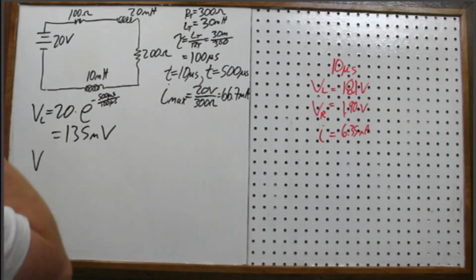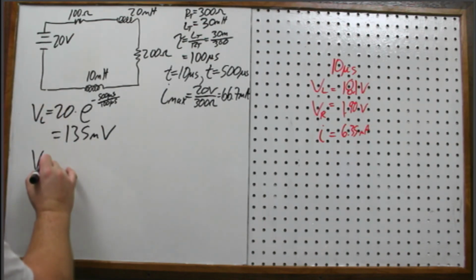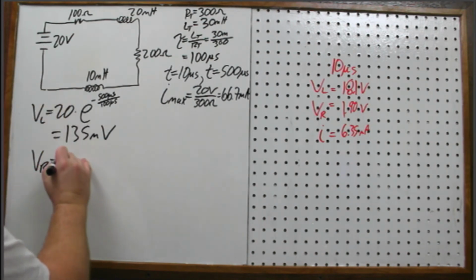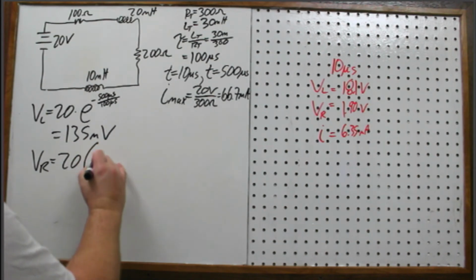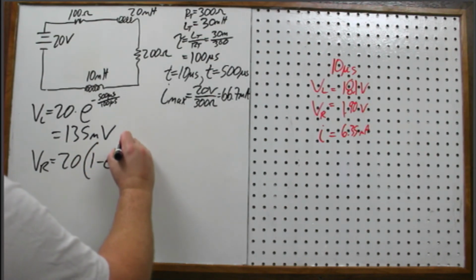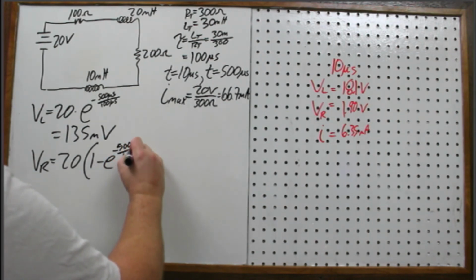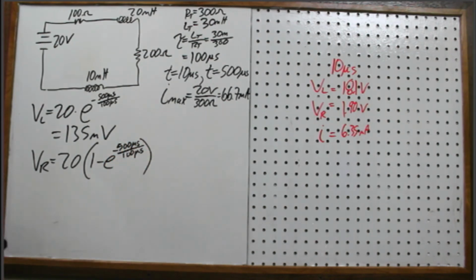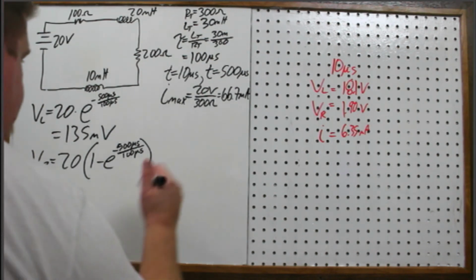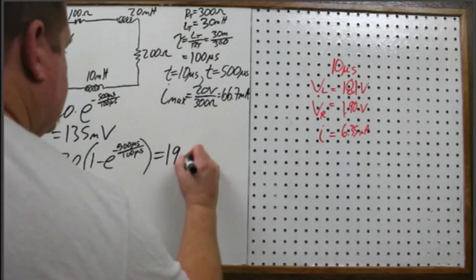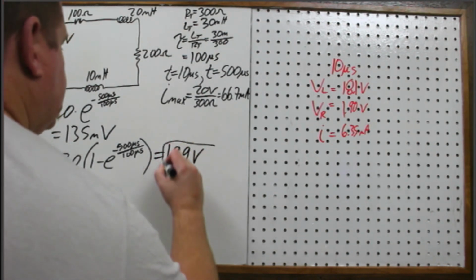In a system this big, or with 20 volts here. So the voltage on the resistor, 1 minus e to the negative 500 micro over 100 micro. 19.9 volts.